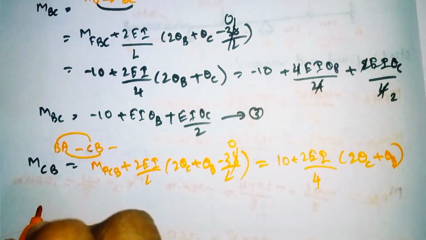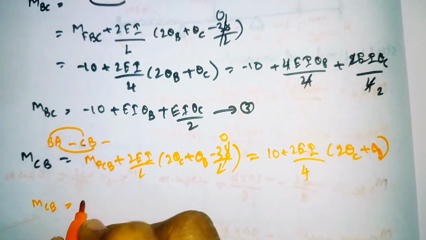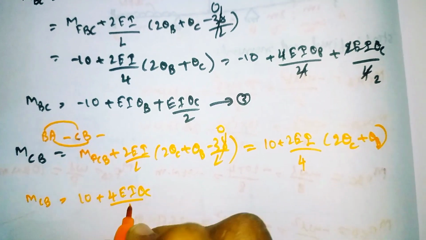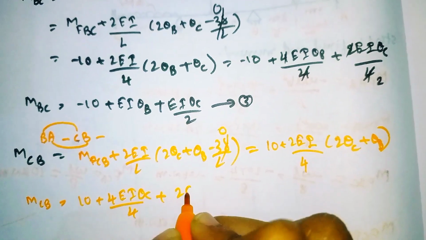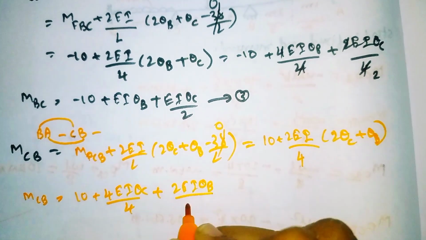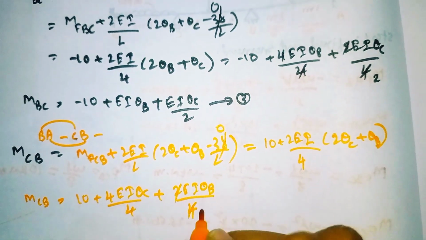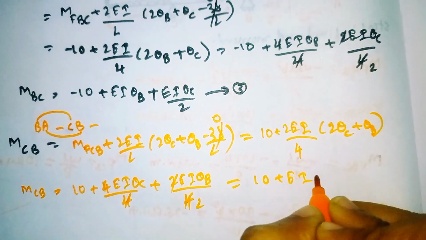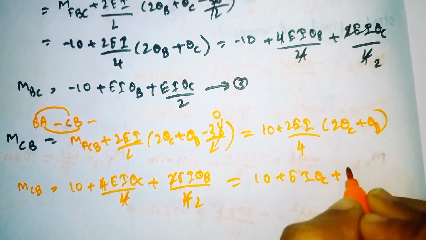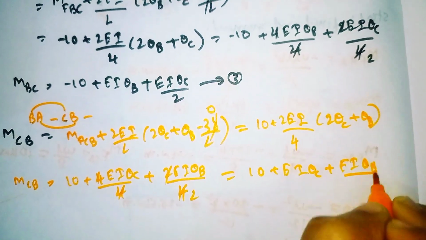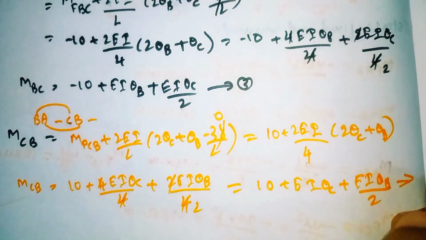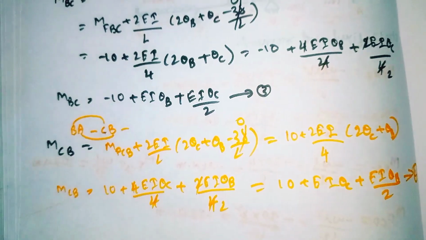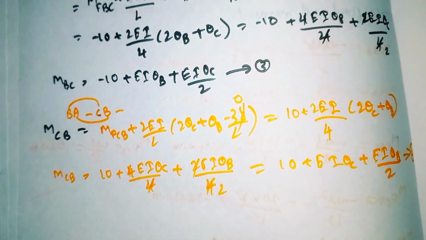So now simplify this: MCB is equal to 10 plus 2 into 2, 4 EI theta C divided by 4 plus 2 EI theta B divided by 4. Finally it will come out as 10 plus EI theta C plus EI theta B divided by 2. Call it equation number 4. Similarly, we go for the span CD.